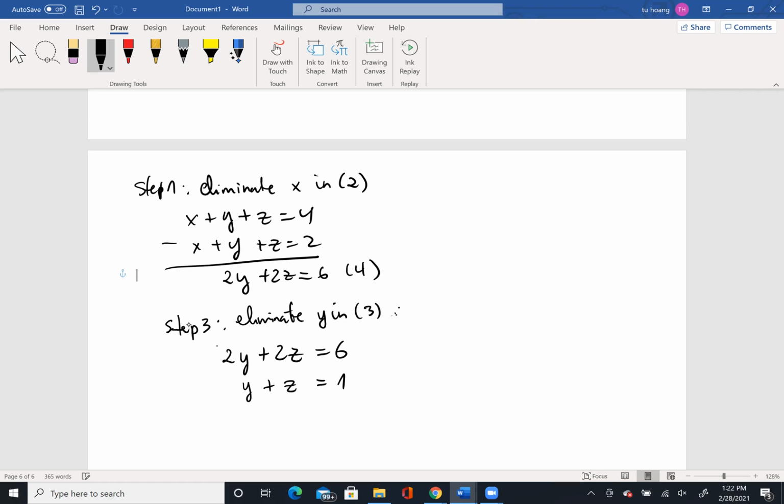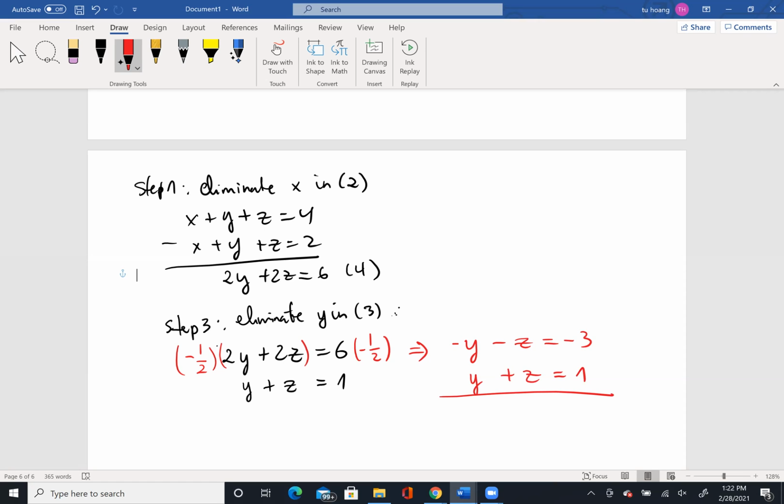Let's do 3. I will just multiply both sides of equation 4 by negative 1/2, right? Because I need to make the 2y become negative y. So this gives me negative y minus z equal to negative 3. Okay. And then I have y plus z equal to 1.